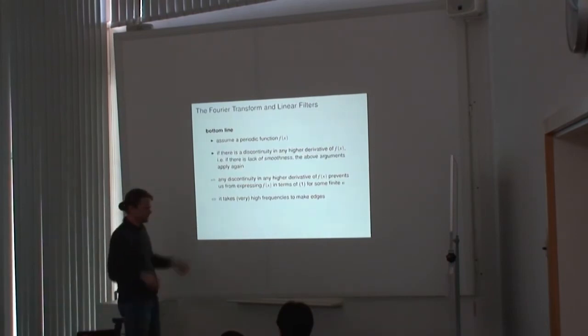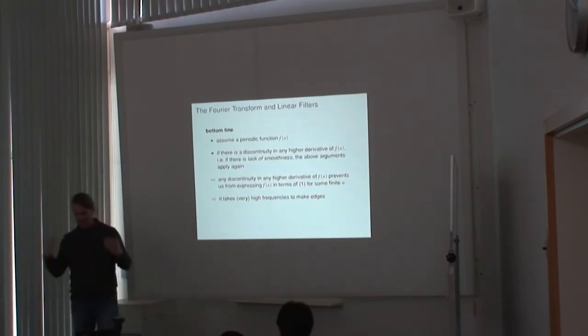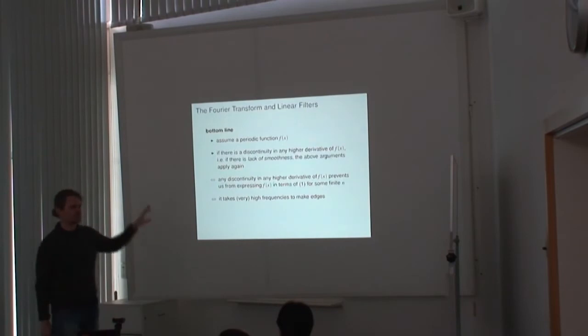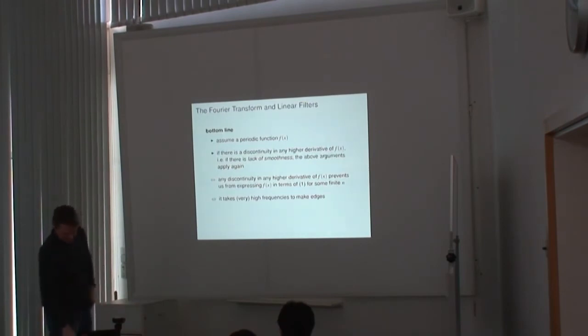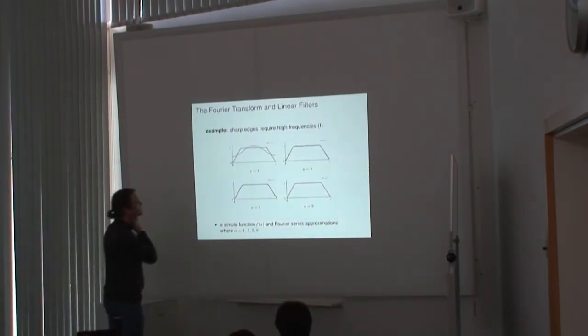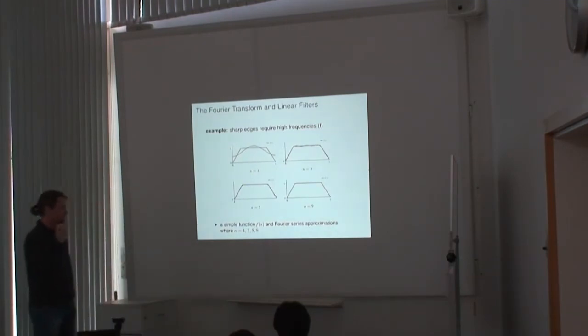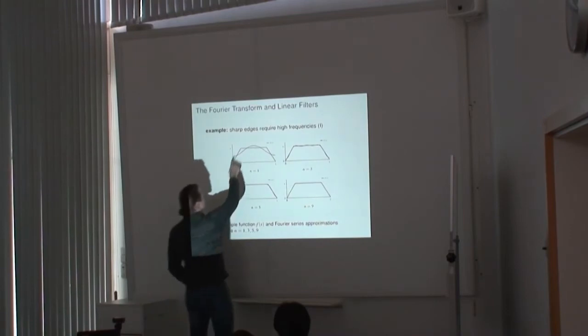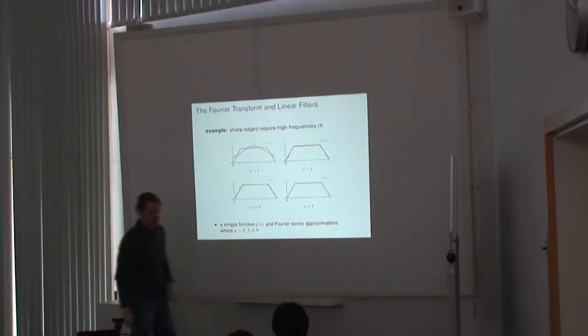A mnemonic we might use to remember this is that it takes very high frequencies to make edges. Here is an example of that. What I am showing you here is a periodic function, like this trapezoid thing here.